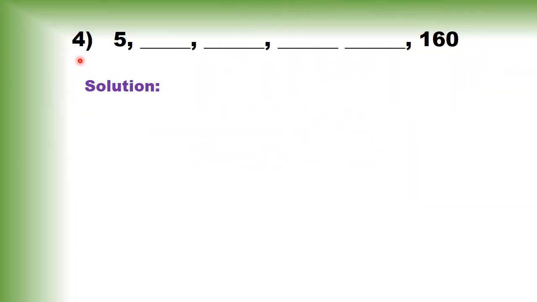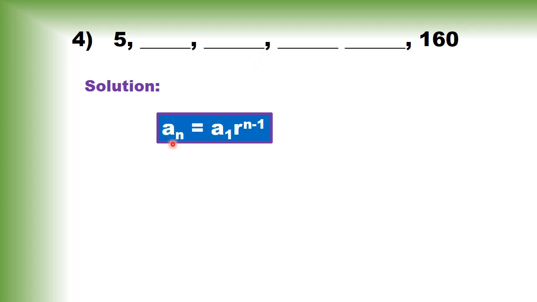Number 4. So this is the given sequence. So pag ganito ang itsura, gagamitan natin siya ng formula na a sub n equals a sub 1 times r raised to the power of n minus 1.